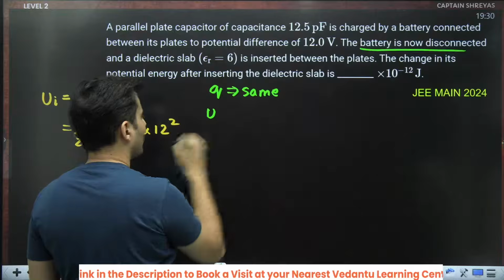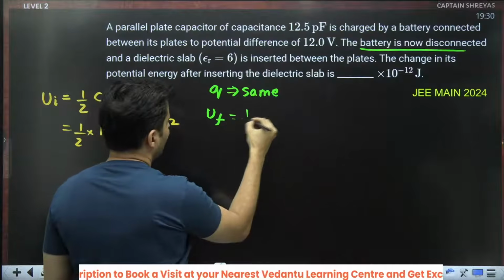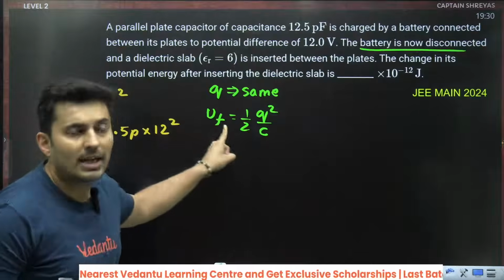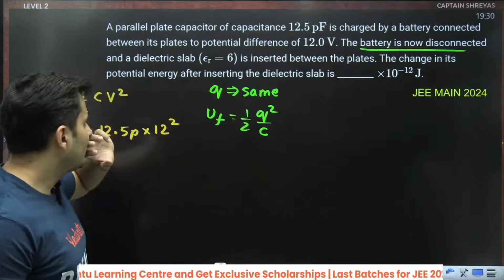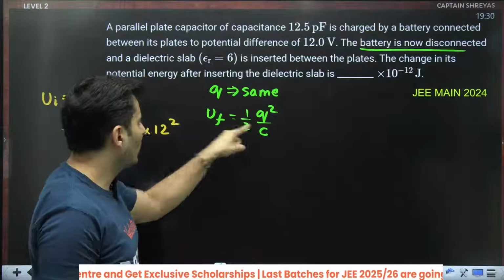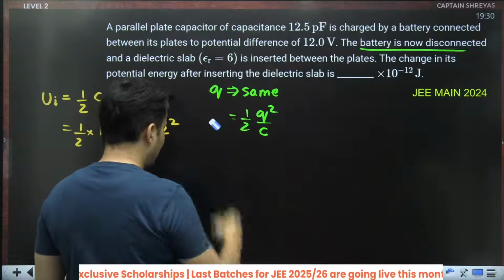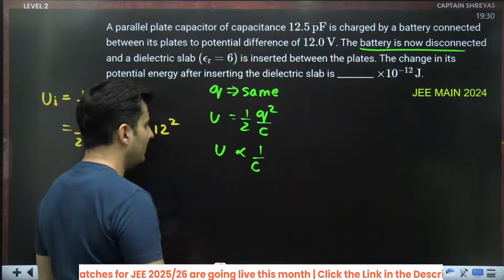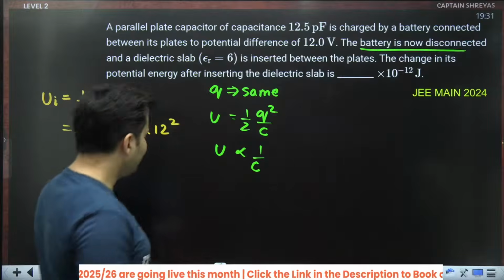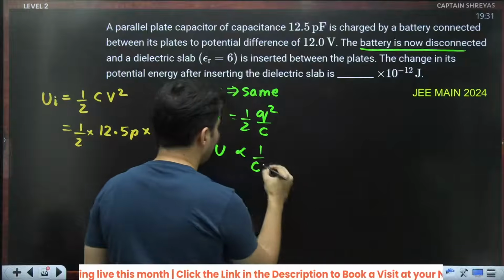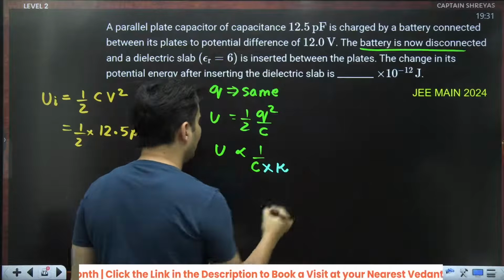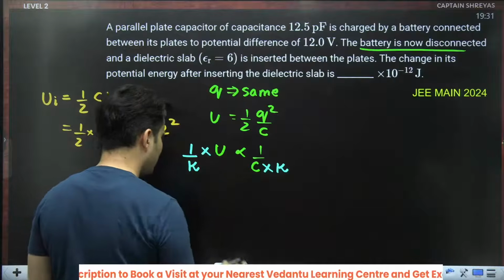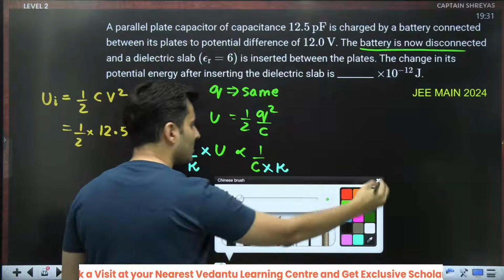So using U final, using the half Q square by C concept, Q is the same, so the energy is inversely proportional to the capacitance. Because you are adding a slab, it will increase the capacitance K times. That means the energy will decrease K times.